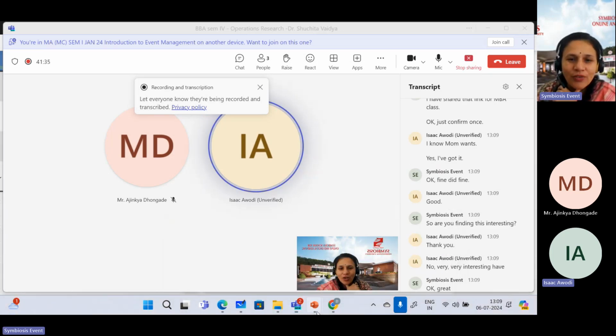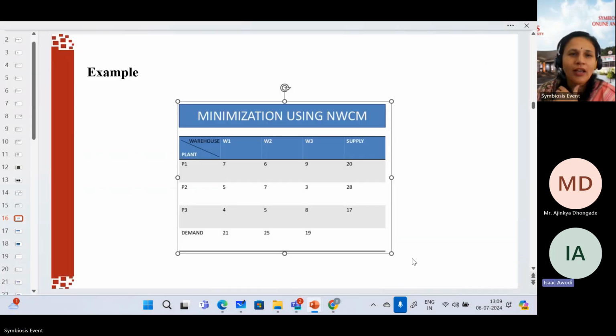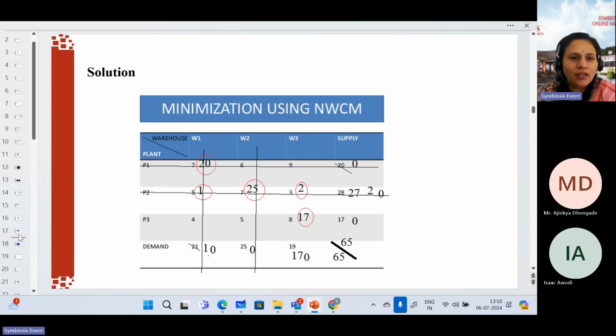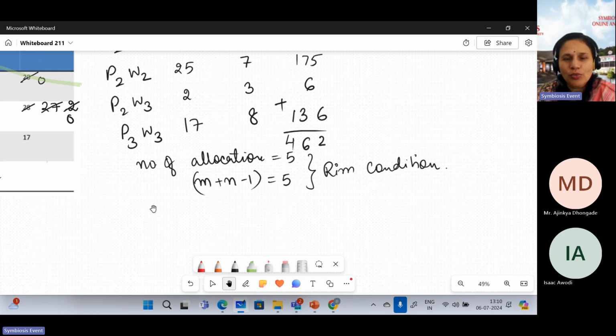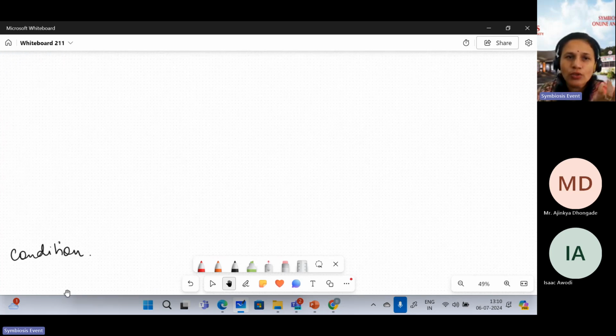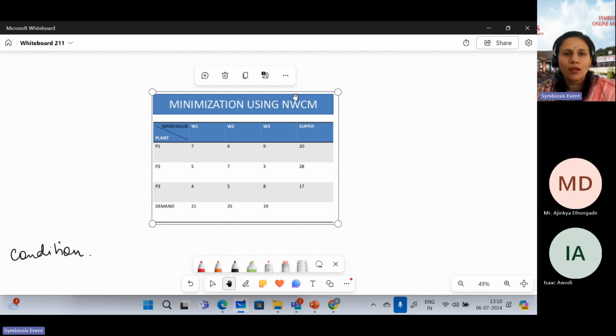So now we will move ahead and we'll go for the next method, which is nothing but least cost method. As I said, there's a drawback of this method that we are not giving priority to the minimum costings. So we made changes in it and we are going to solve the same question with least cost method.